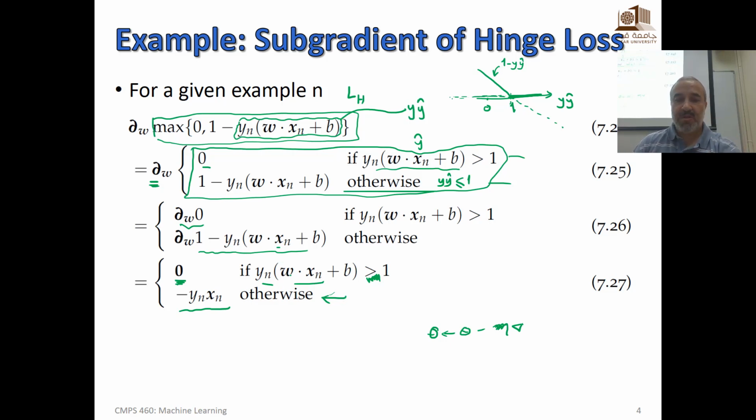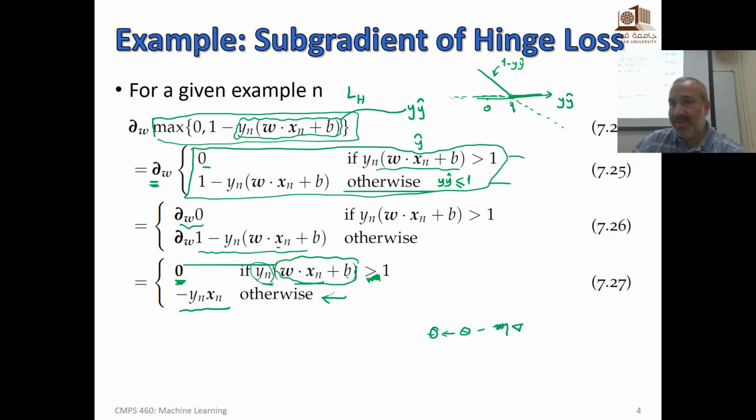We'll have to compute the predicted value for one example, and multiply it with the label. That's y hat, right? So y is the label, 1 or minus 1, and w xn plus b is the predicted value.